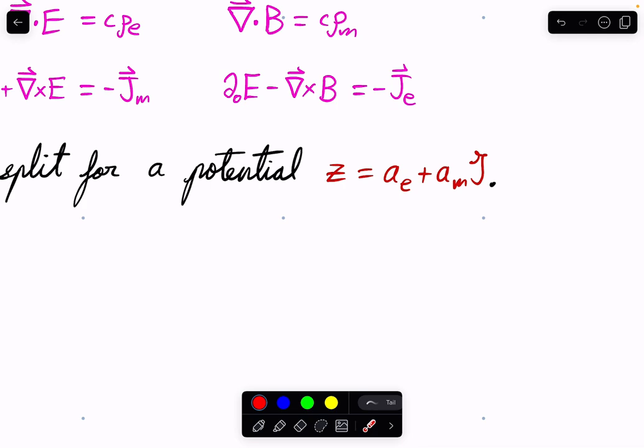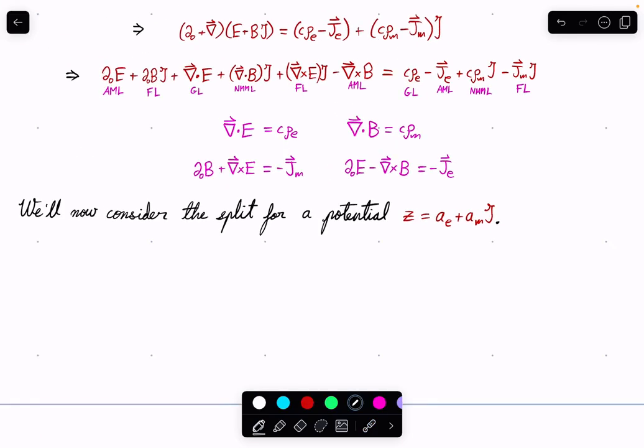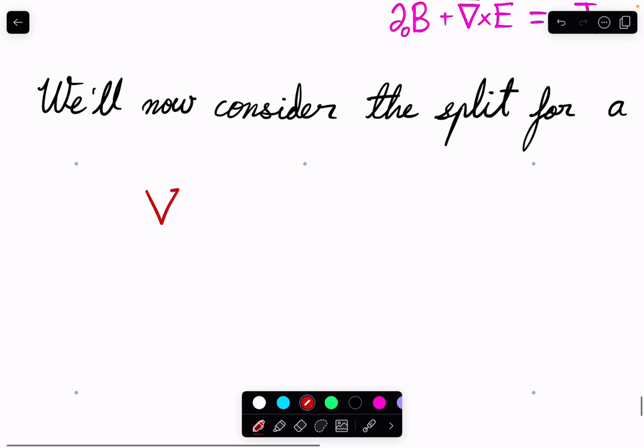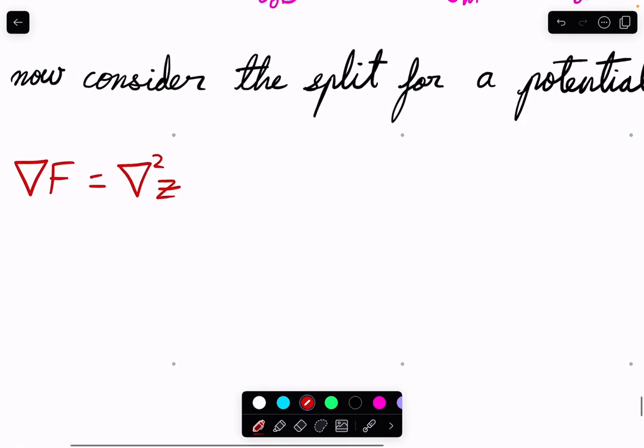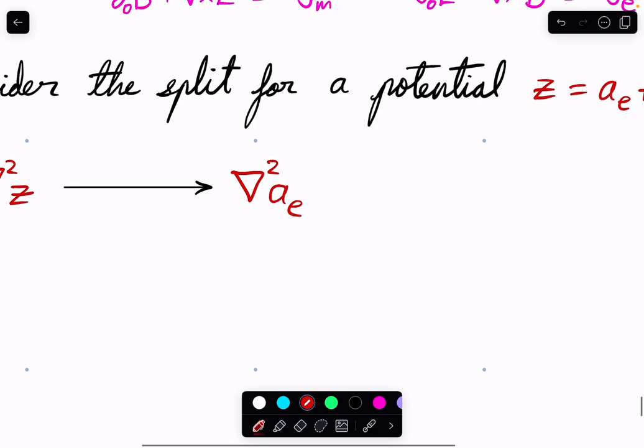So, you have this equal to the Laplacian of Z. But if we're only considering one component, then we just need to consider the Laplacian of AE, which is equal to JE. So we only have to look at electric terms.